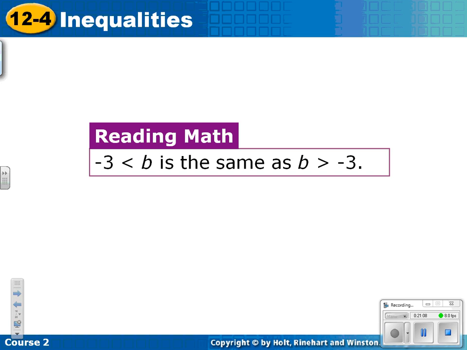This is what I just said. -3 is less than B is the same as B is greater than -3. In order to help you out, always put your variable first. It's going to help you determine what way your arrow is going to go and what way you're going to highlight, okay?